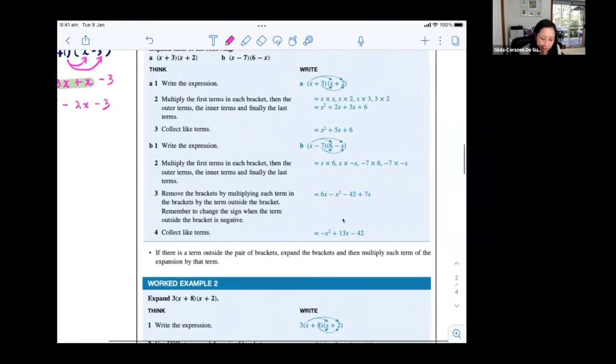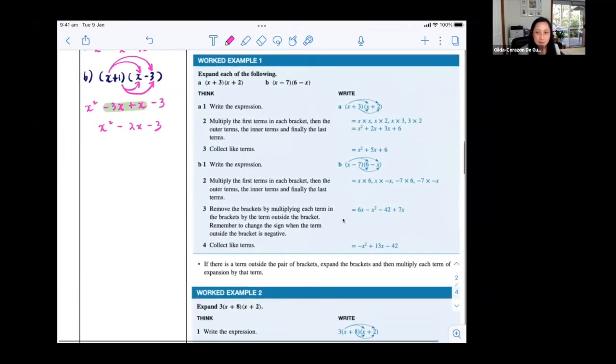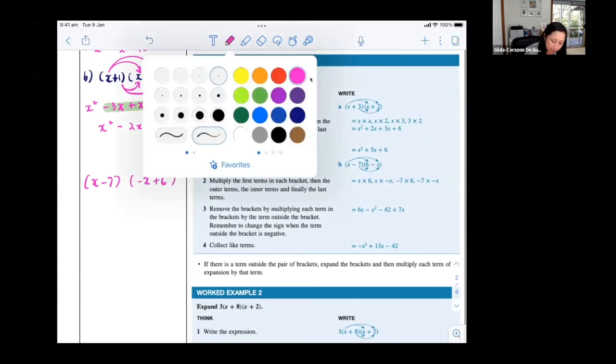Now, another way to do that so that it looks like the ones that we've been doing a while ago is for you to actually swap these around. But when you do swap them around, just remember that it's negative x plus 6. What do I mean? So we could rewrite this as x minus 7, and that one would be negative x plus 6, right? So that when you multiply, you would have what?